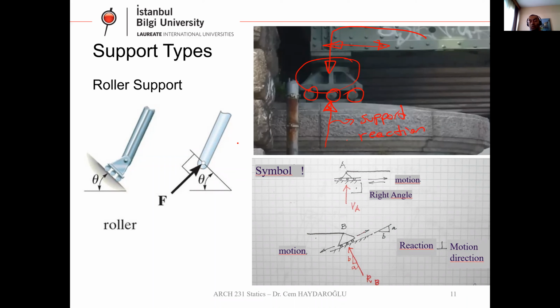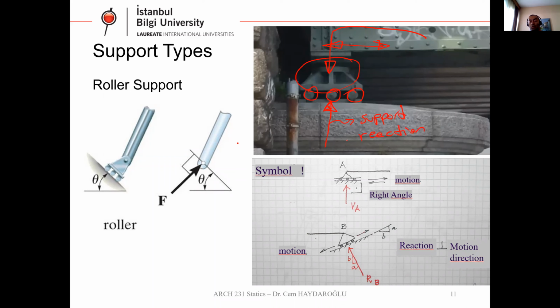So if we are talking about roller support, we have only one support reaction, in the vertical direction. We show this roller support in our calculation with a triangle and with these circles at the bottom, which represent the wheels, like in this real example.